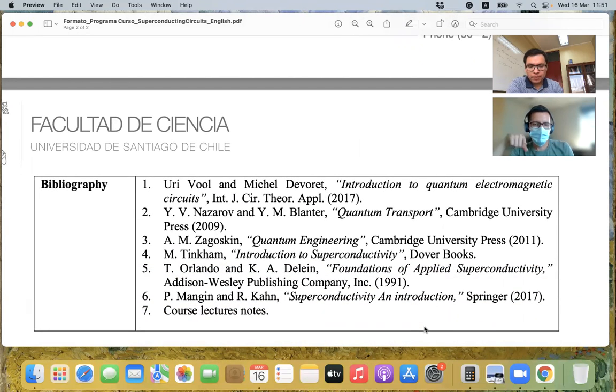Bibliography. Let me have a look. For the very beginning, for the part that has to do with superconductivity, I suggest book number 6 here, Mangin and Kahn, Superconductivity: An Introduction. It is a very intuitive and pedagogical way of introducing superconductivity.